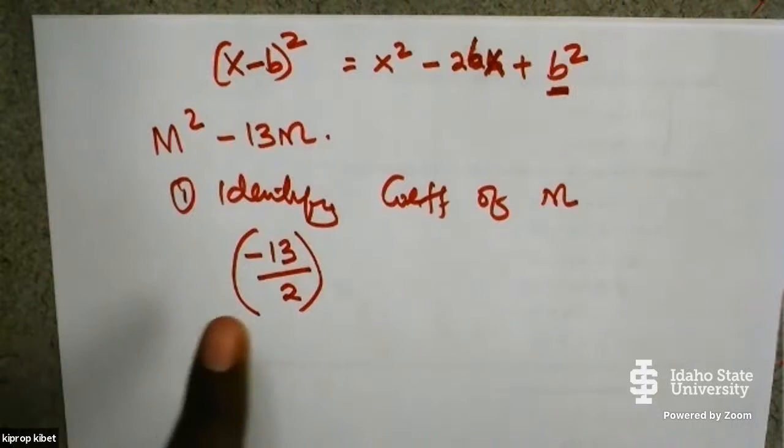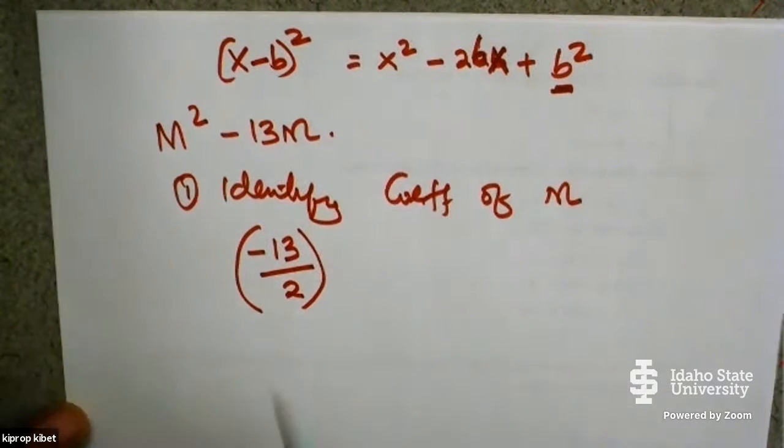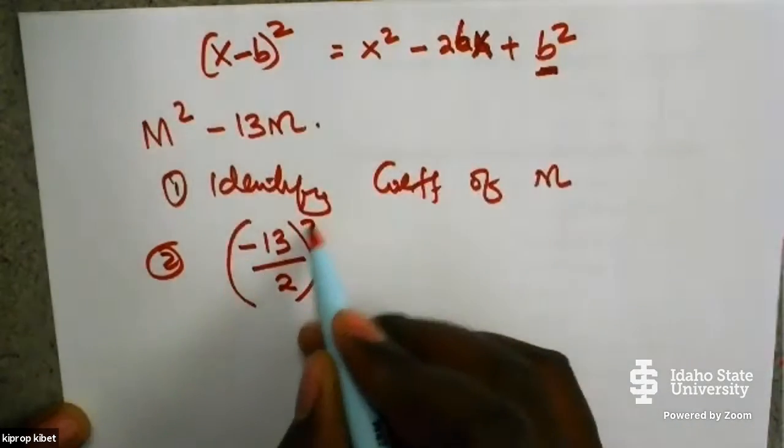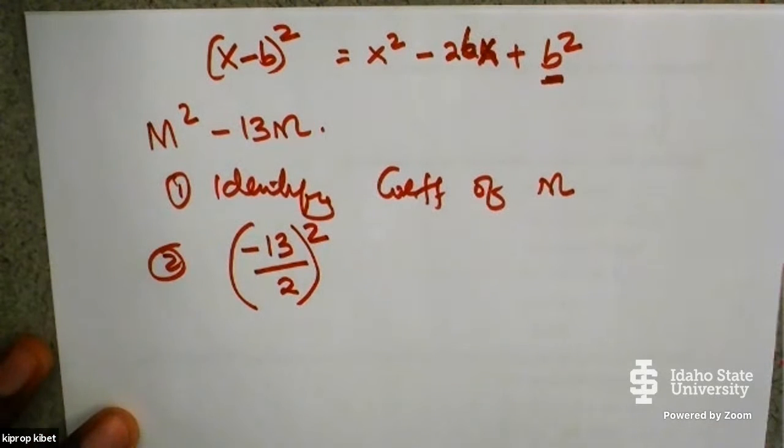So the first step is identify the coefficient of m and then take half of that coefficient. Then number 2, find one half b, squared. You square it.